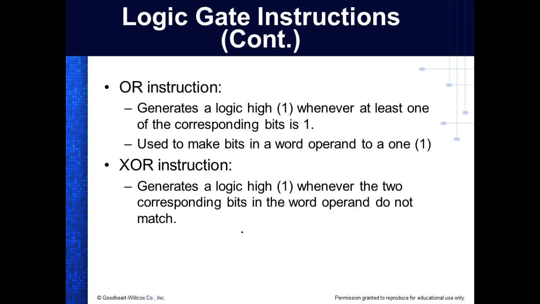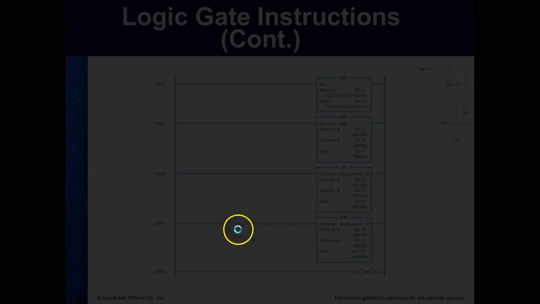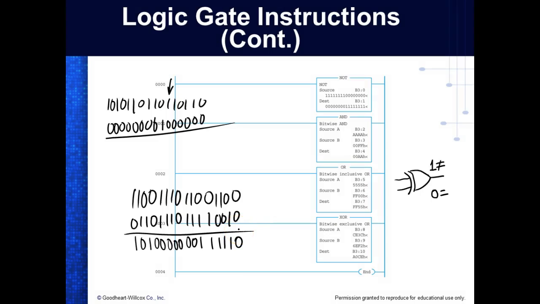Here this generates a 1 if any bit in the word is not equal, right? If they are equal, it generates a 0. Now this is OR, this is AND, ORs, and exclusive ORs, and of course a NOT.